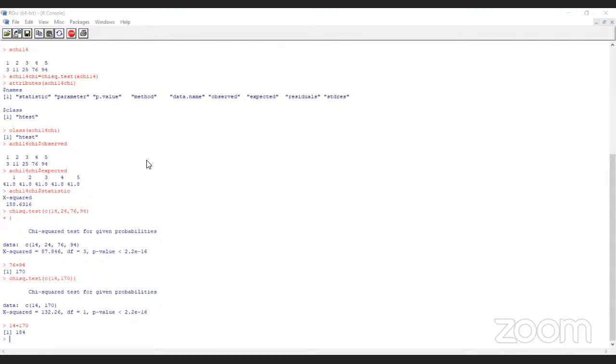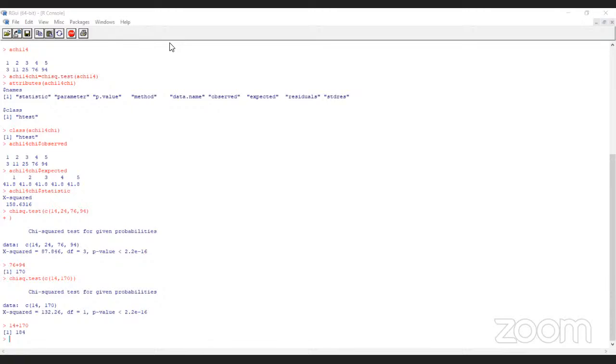So when we collect the data, particularly for the chi-square test purpose, or when we want to classify the data, then we have to classify the data in such a manner that there will be more categories.